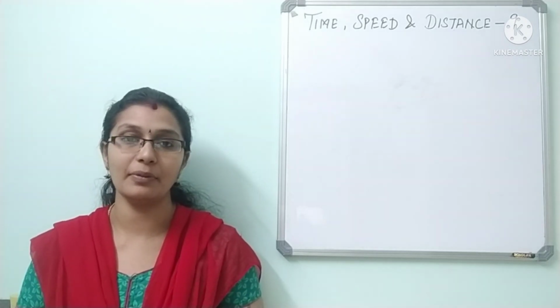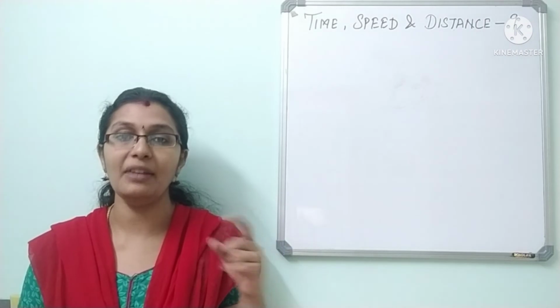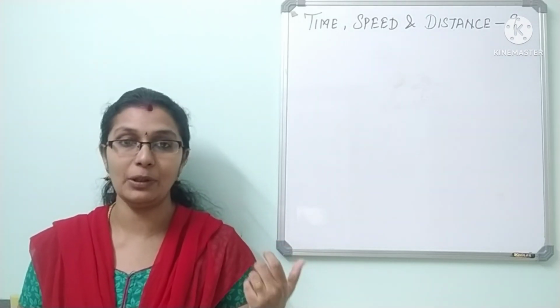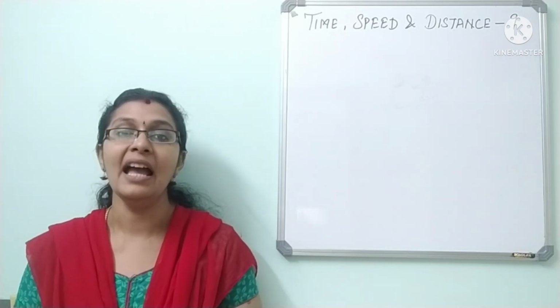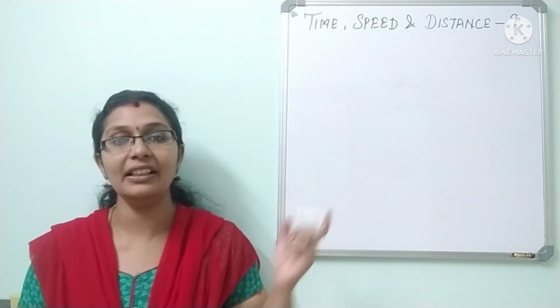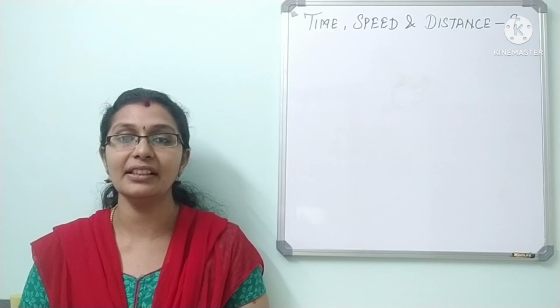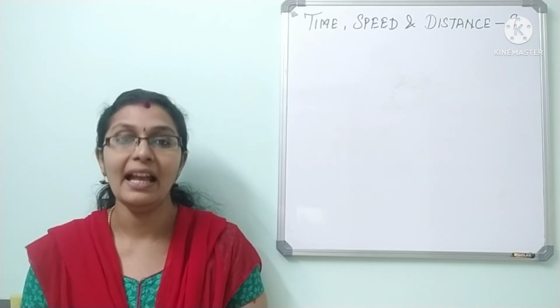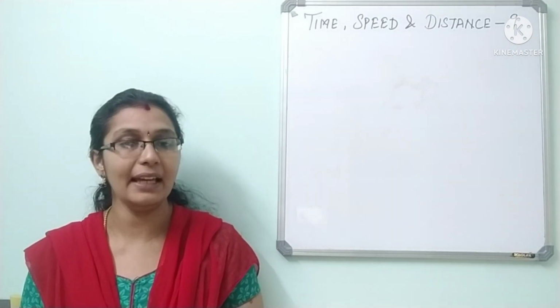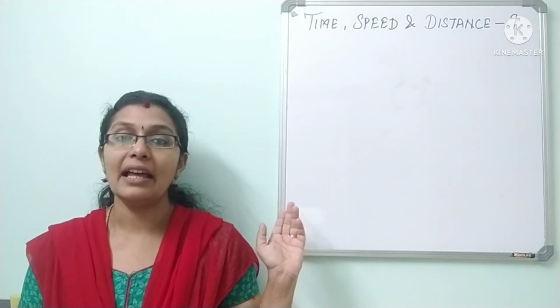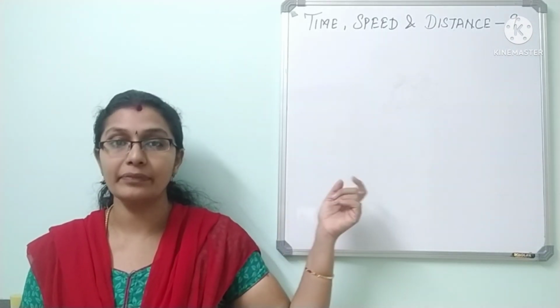So 6 types of questions with just one formula, which is distance traveled is equal to number of revolutions into circumference. Please don't forget that, and check whether it is given in diameter or radius. If it is in diameter, just substitute pi d, and if it is in radius, your circumference will be 2 pi r. Clear?